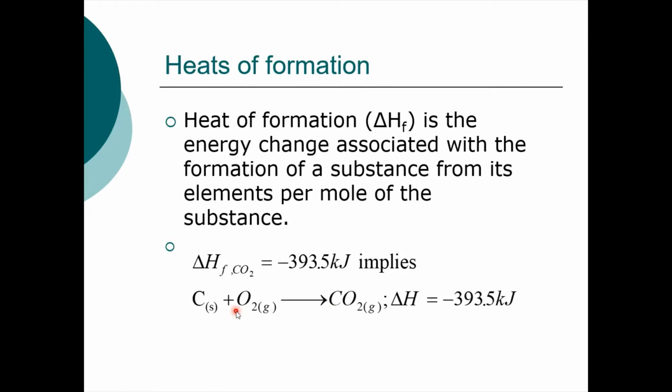The heat of formation of any element, carbon, oxygen, hydrogen, sodium, all by themselves, is 0 because it takes no energy to create an element from itself. But to make a compound, we have to put elements together, so there are delta H's involved with that.